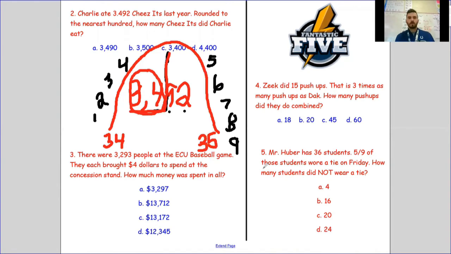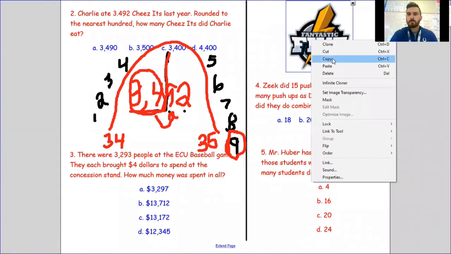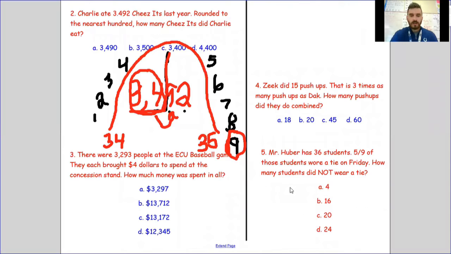All right, now we still use that line that I just underlined and sectioned off. I'm going to look over to the right of that line. And the number that I see right next to that line is a 9. So I'm going to circle that 9 on my rounding coaster. So now I've got to ask myself the question, that 9 that I just circled, is it on my 34 side or my 35 side of that coaster?